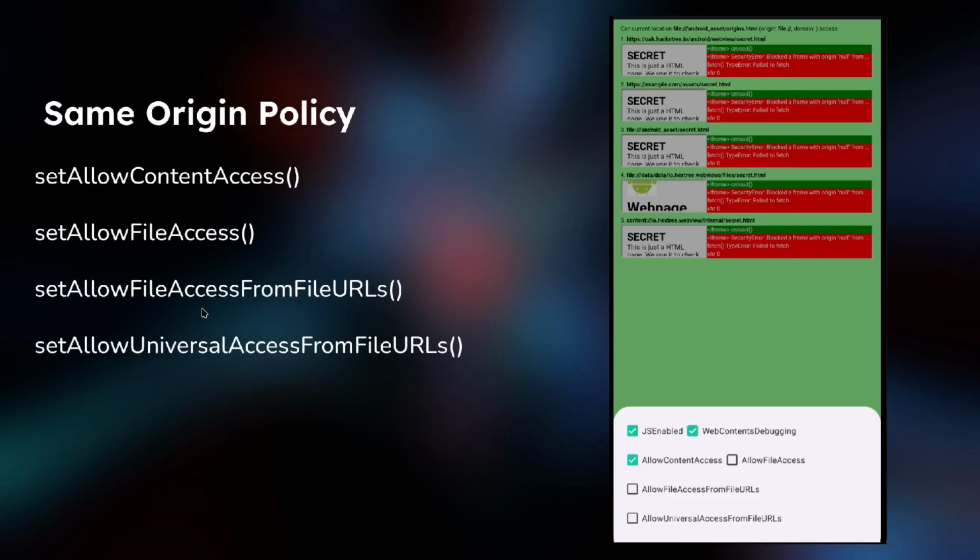It's a little complicated, but if you have a file scheme URL like this, file Android assets secret.html, that's what this is referring to. The universal one determines whether cross-origin requests in the context of this URL should be allowed from any origin instead of just the origins that relate to these other scheme URLs.